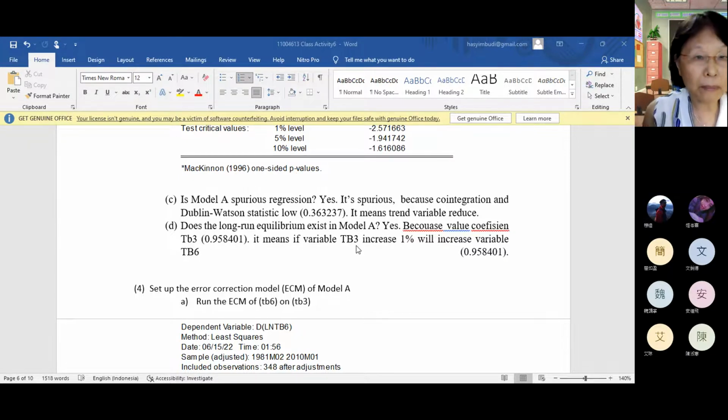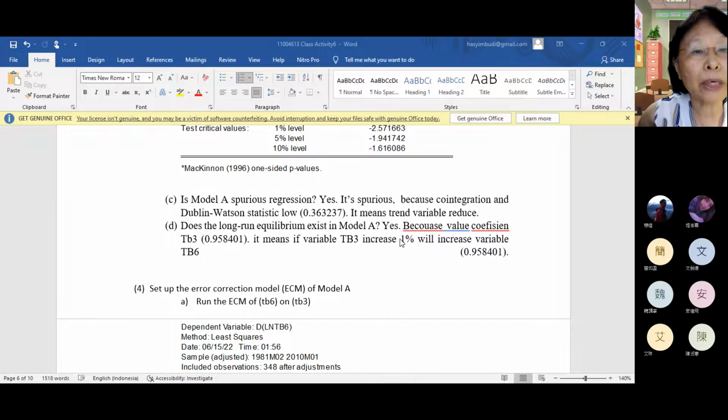Maybe I didn't make this point clearly in the class, and that's why the students are confused. So I'd like to make it clear here: as long as you show evidence that the residual of the regression is stationary, while the original x and y variables are non-stationary, we can say the regression is a co-integrating regression, which is not spurious.